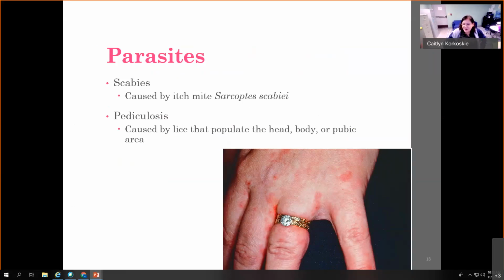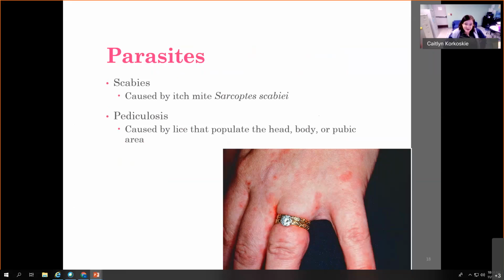Living conditions also have a part to do with it. If you ever see someone coming in with a rash on their hands, wear gloves.